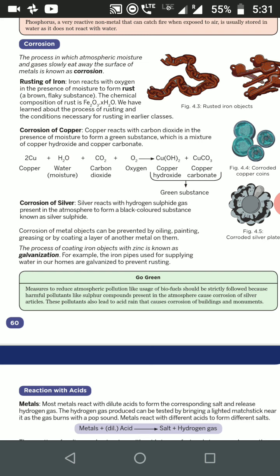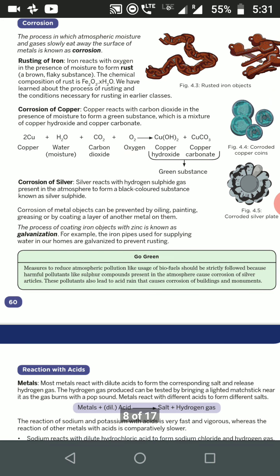Next, corrosion of copper. Copper reacts with the carbon dioxide, oxygen and water, which is present in the form of moisture, to form a green color substance, that is copper carbonate and copper hydroxide. Next, corrosion of silver.